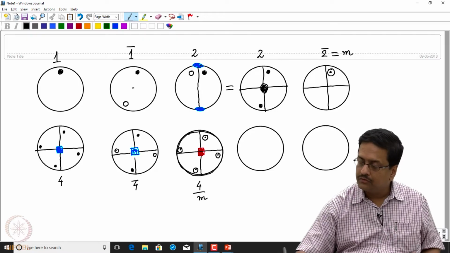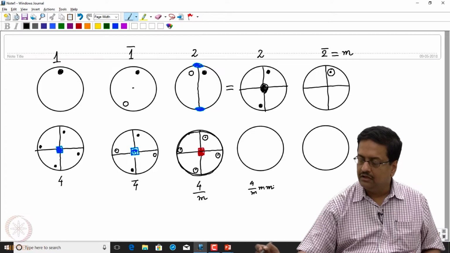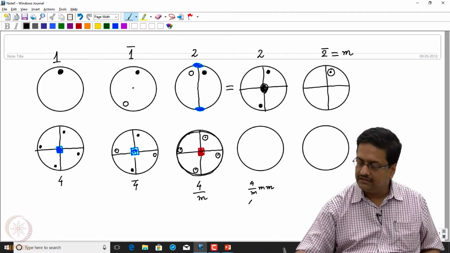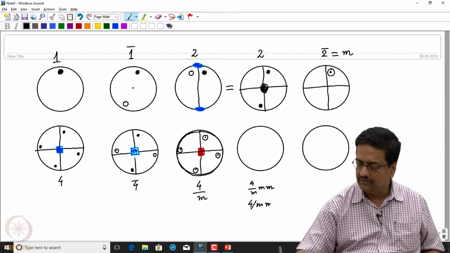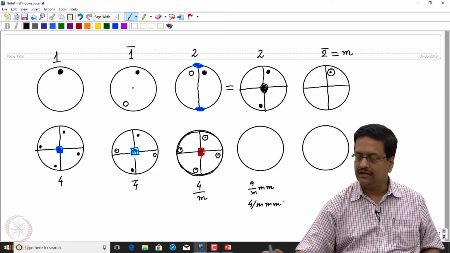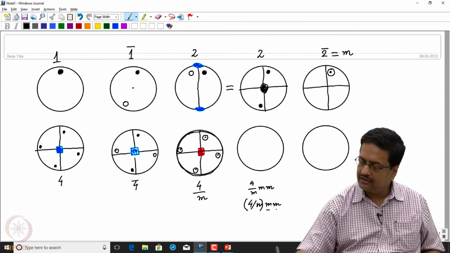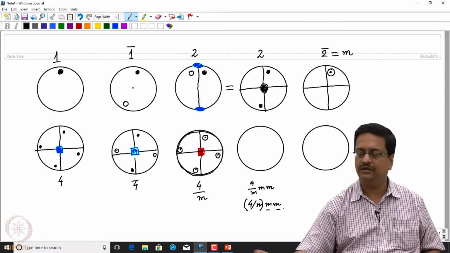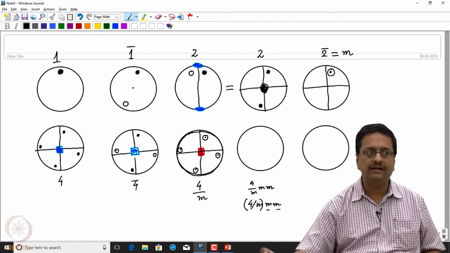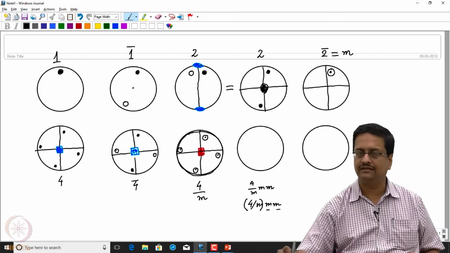What will be 4 by m, m, m? In the textbook, you will see that it is written as 4 by m, m, m. It actually means it is a 4 by m operation, and then there are 2 more mirrors perpendicular to that first mirror which contain the fourfold axis.